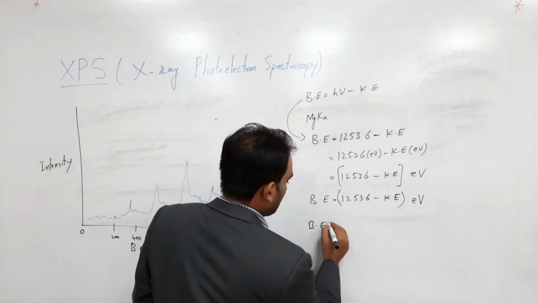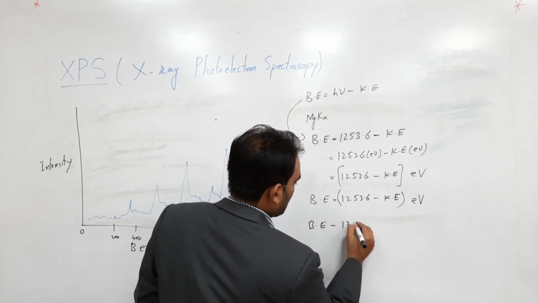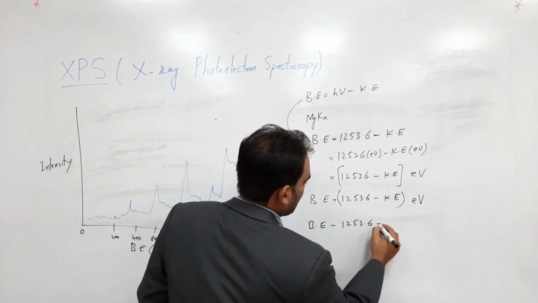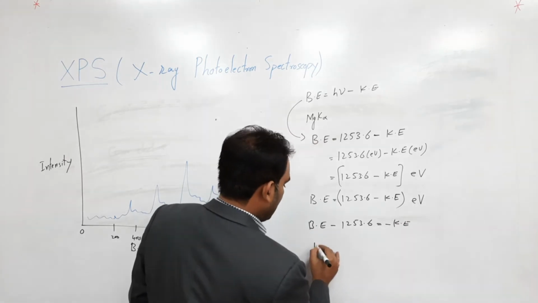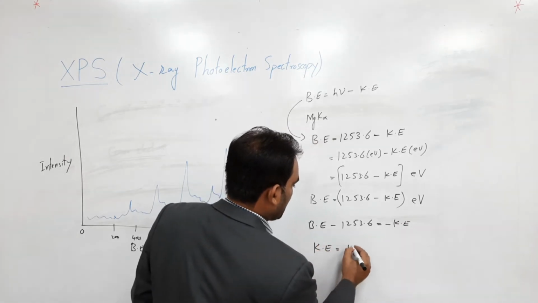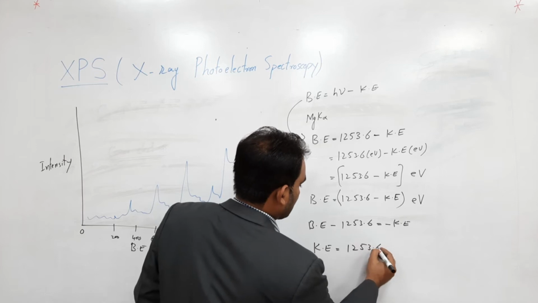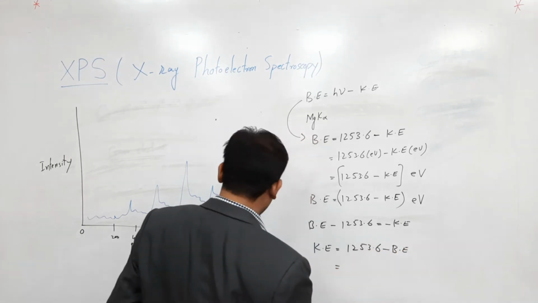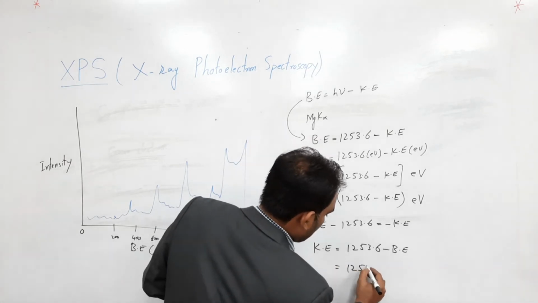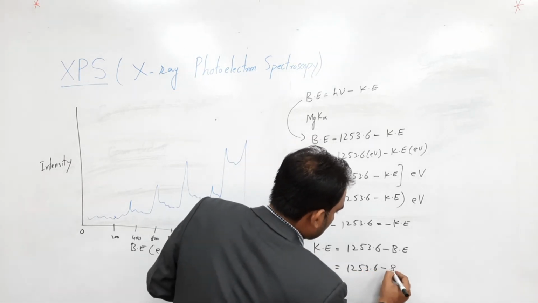So kinetic energy will be equal to 1253.6 minus binding energy. In this case, 1253.6 minus 800.